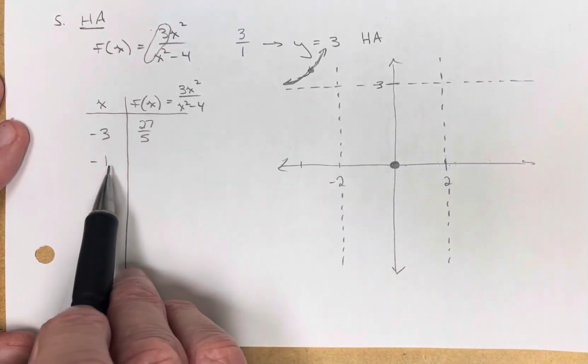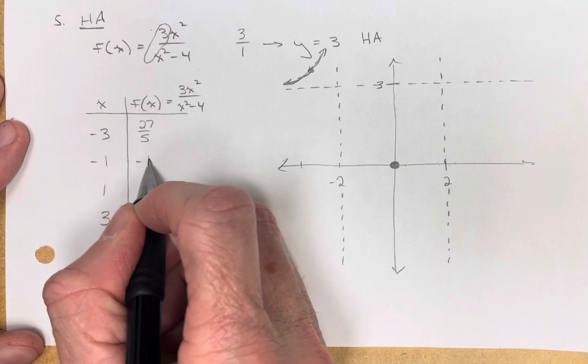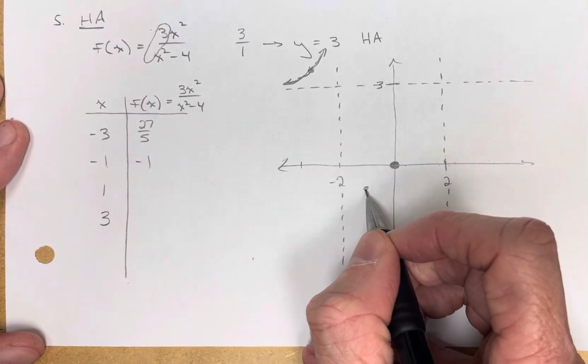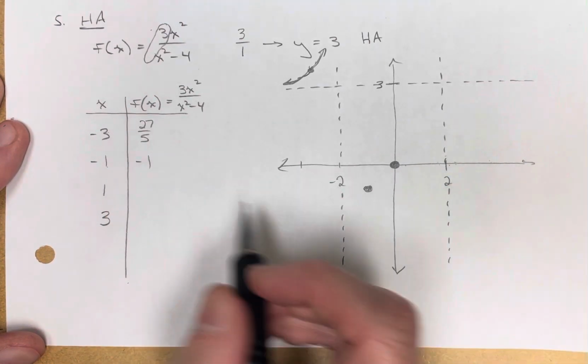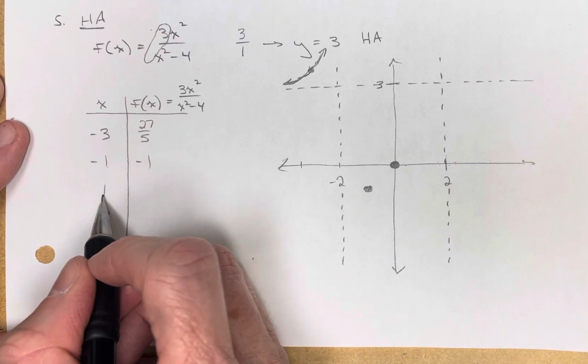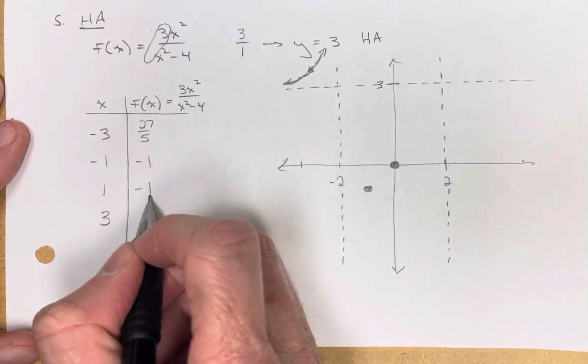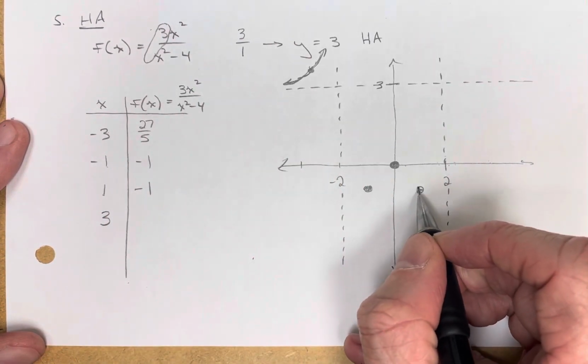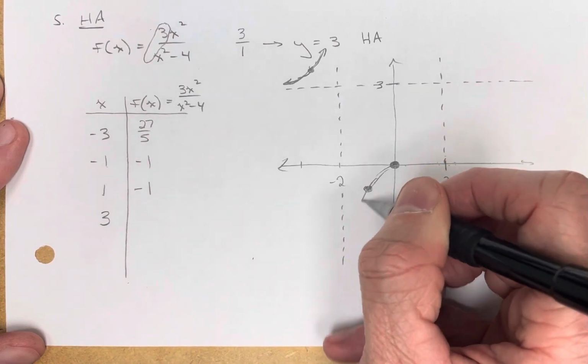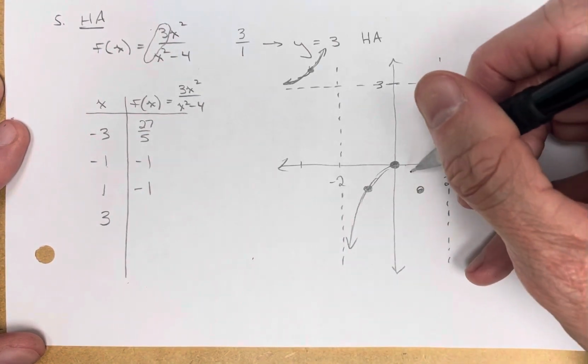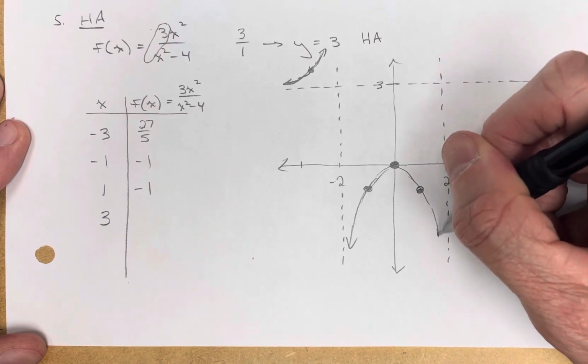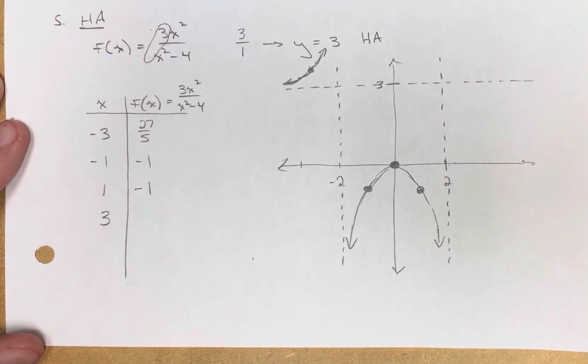Let's look in here. -1 goes into the function, out comes -1, so that's down here-ish. +1 goes into the function and also -1 comes out, and so that's down here. So I'm going to guess that this is what's happening in between the two vertical asymptotes.